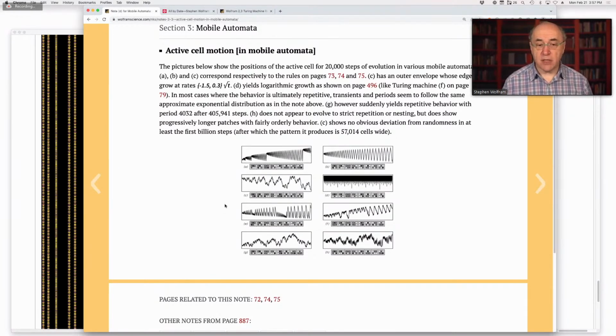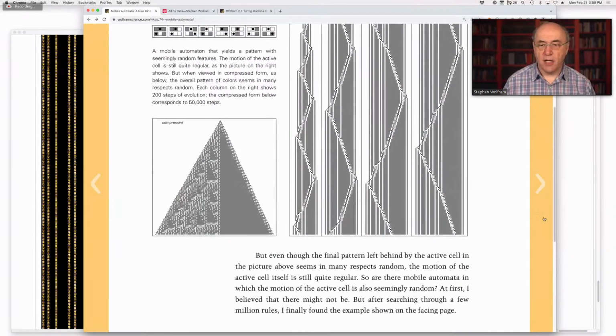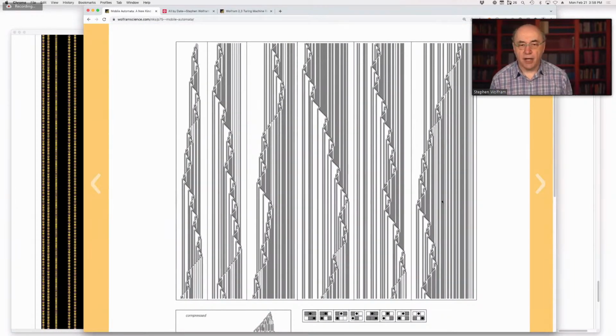Again, it hasn't been studied very much, a good thing to study. There are cases in which you get fairly simple behavior, like a binary digit counting case, but then you get this very complicated behavior. So mobile automata are the first example where things aren't all being updated in parallel, but it doesn't matter.